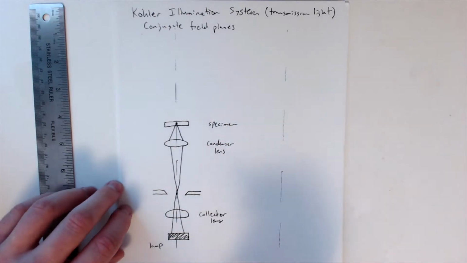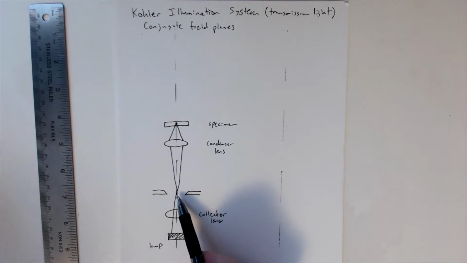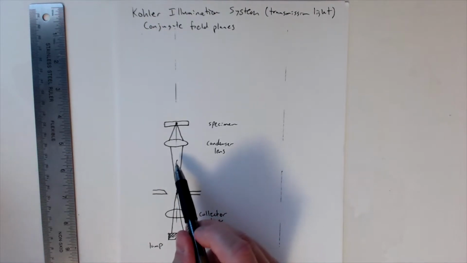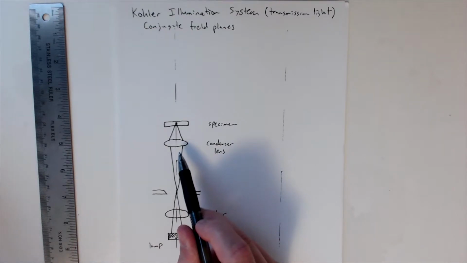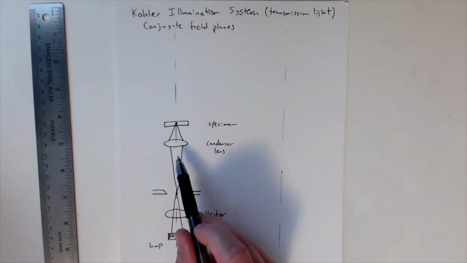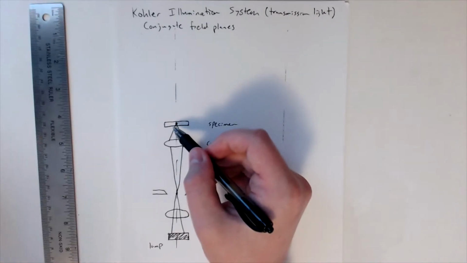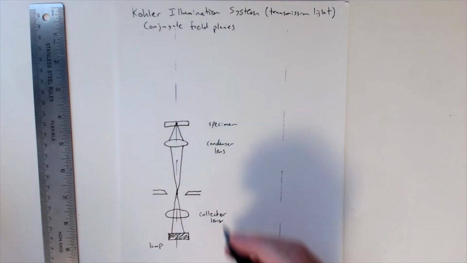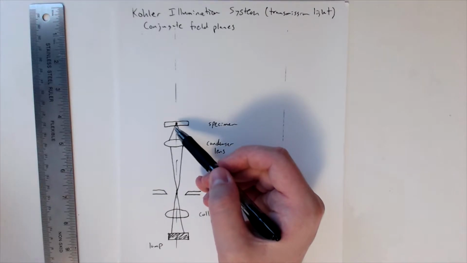So the idea here is we've taken the light from the lamp, the collector lens focuses it to the front focal plane of the condenser lens, and then the condenser lens takes that divergent light and directs it at a small area of interest on our specimen. That's what we actually want to look at, that small area where the light is being concentrated.